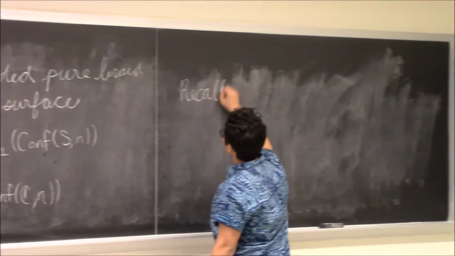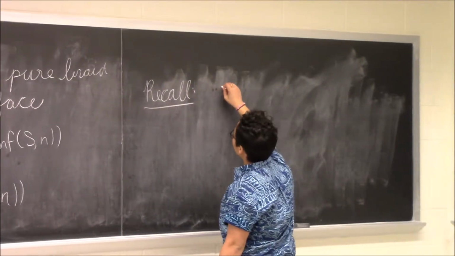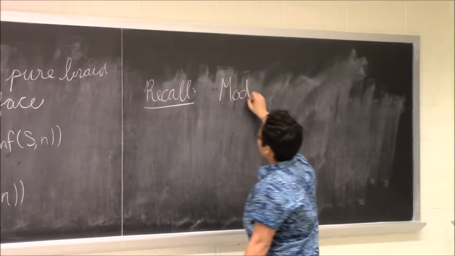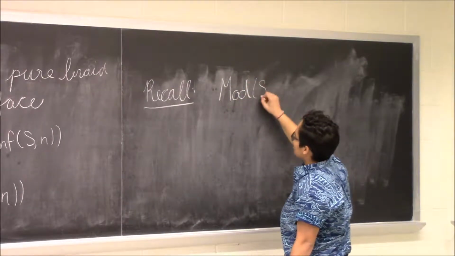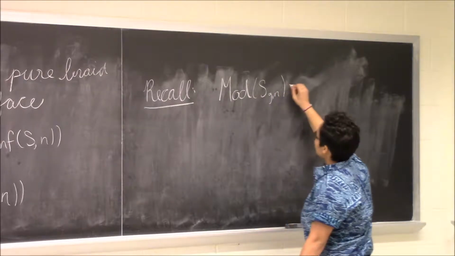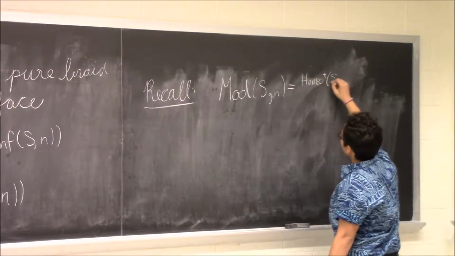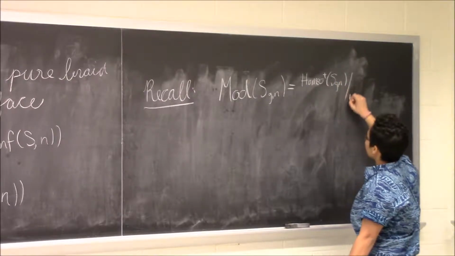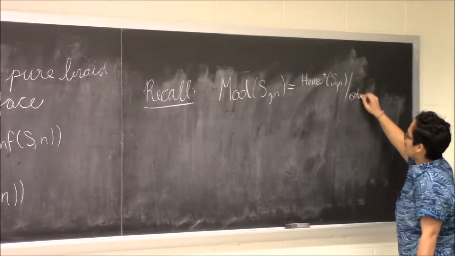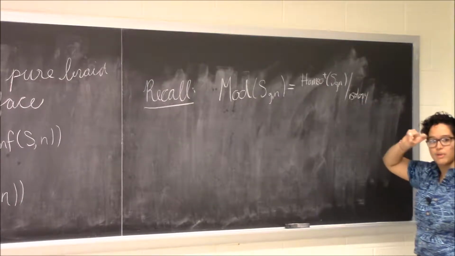So I'm just going to quickly write down my notation. This is going to be my notation for the mapping class group. And this is just the group of orientation preserving homeomorphisms of my surface up to isotopy, or if you're unfamiliar, up to homotopy.